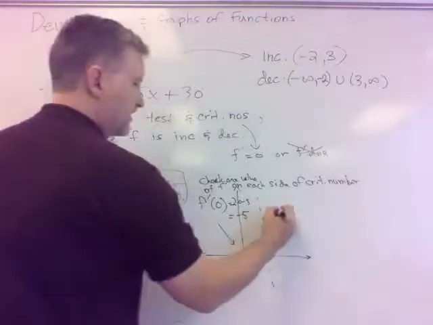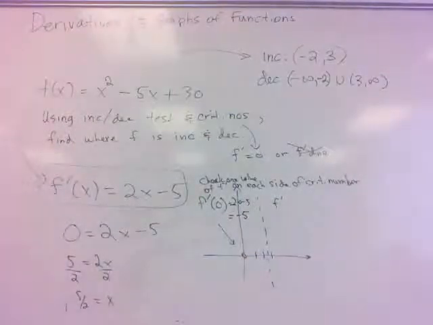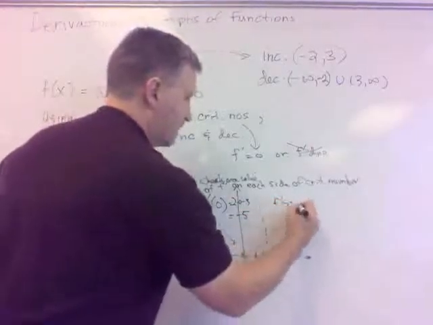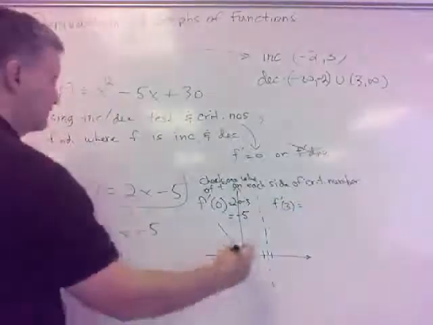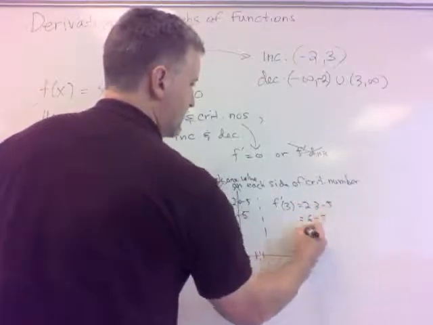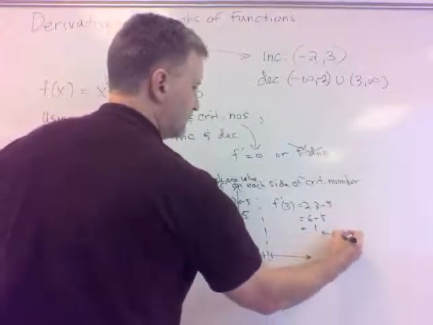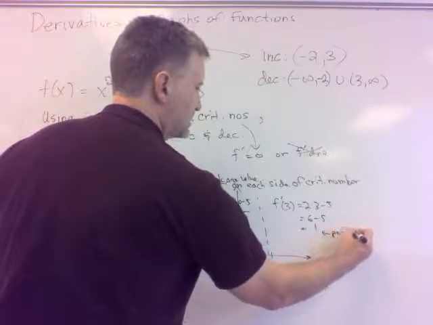Okay. What about the other side? Well, on this side, since this is 2.5, look at 3, the next best thing. What is f prime of 3? Well, 2 times 3 minus 5. This is 6 minus 5, which is 1. Hey, that's positive. So that tells me the slope is positive.